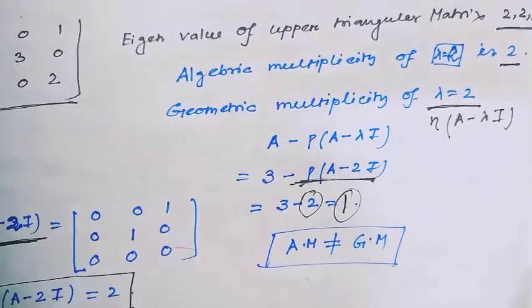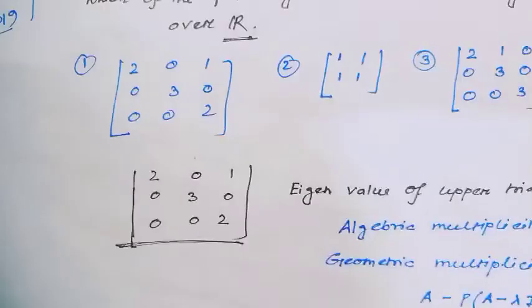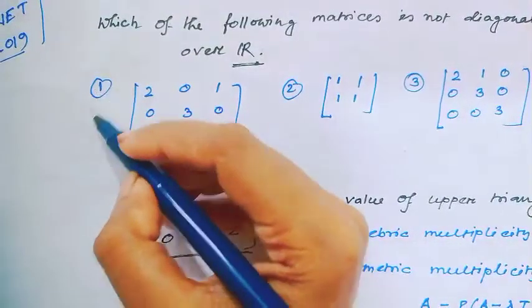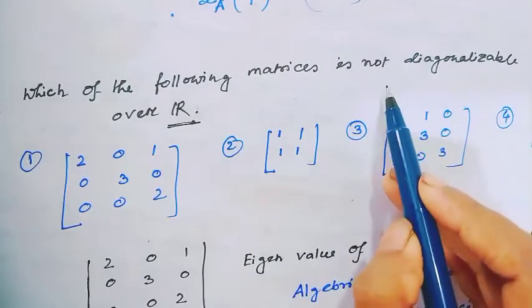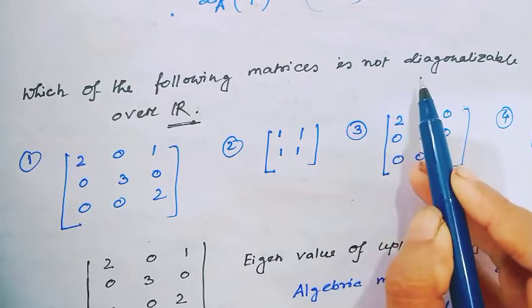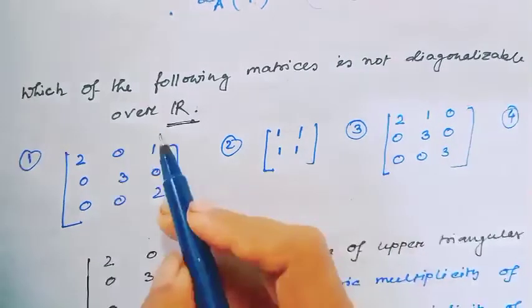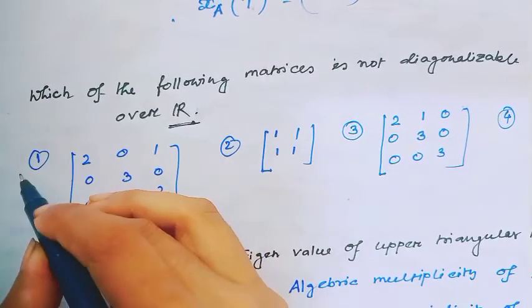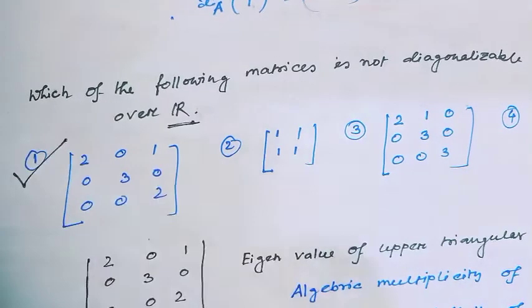That means this given matrix is not diagonalizable. And since the question asks which matrix is not diagonalizable over R, option 1 is the right option.